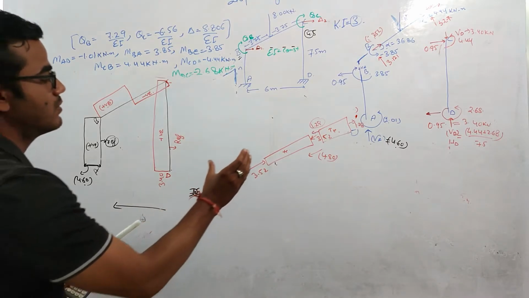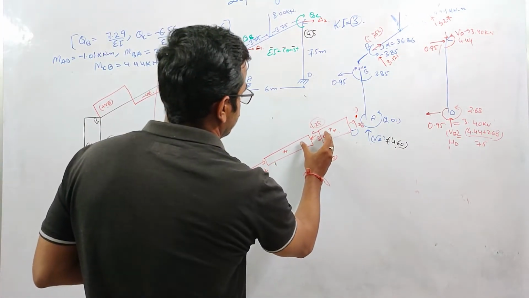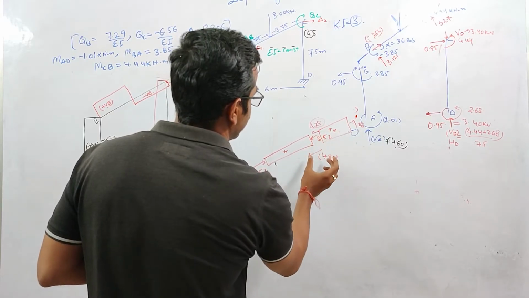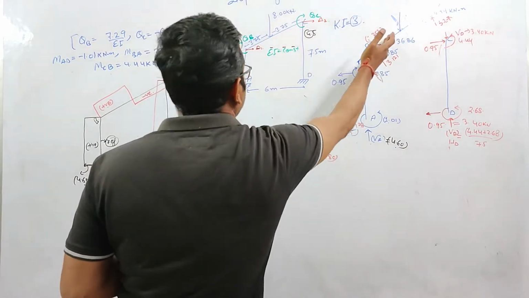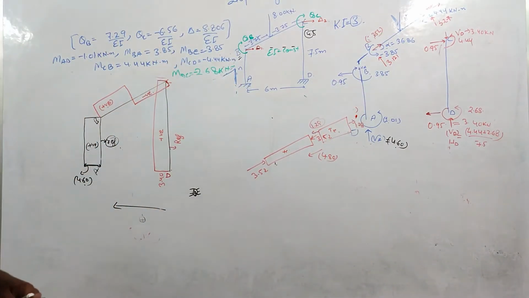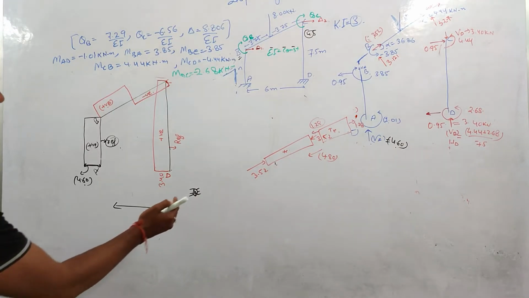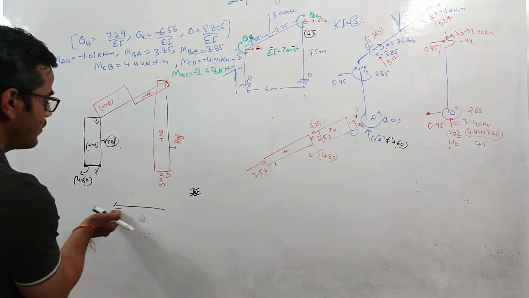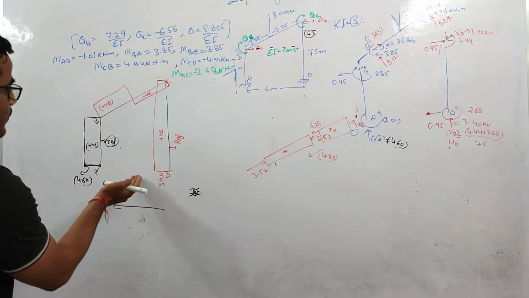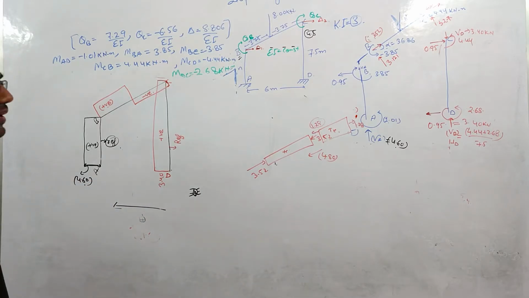If you join these two portions, you will get the net force of 4.80 in this direction, which is equivalent to this. So this is the axial force diagram for this beam. I'm looking from here and saying that this direction is positive, that's why I've shown positive value along this direction only.